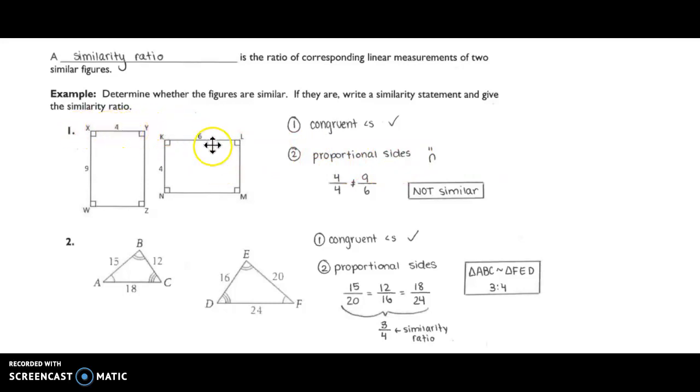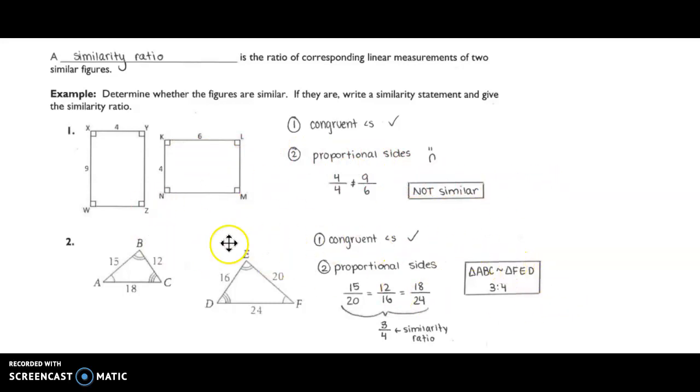Like XY does not correspond to KL, right? XY actually corresponds to KN or LN, right? And so that's 4 out of 4, okay? And then this ratio, XW to KL, 9/6, those are not equal. So the sides are not proportional, okay? So therefore these are not similar.